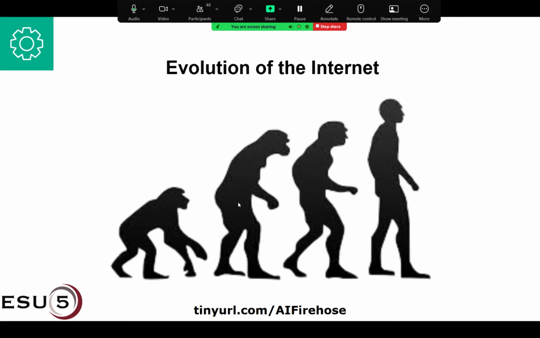And then we moved, I don't know, in the year 2000, let's say 5 or 10, to Web 2.0. That was the evolution of the internet. Now, in the online space, you could go online and create something.